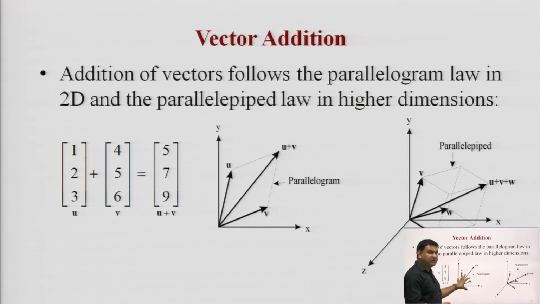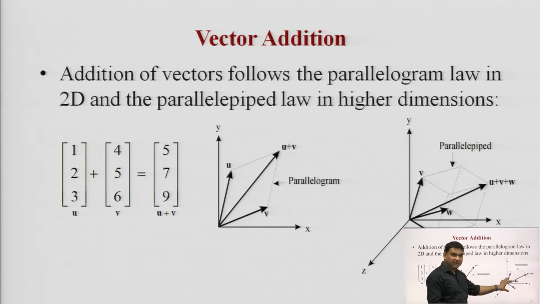This figure denotes the parallelogram rule, in which the two vectors are described only in the x and y axis, in 2 dimensions only, but here the vectors are described in terms of 3 dimensions x, y and z, and when these vectors are described in 3 dimensions, then the addition of these vectors follows the law of the parallelepiped.